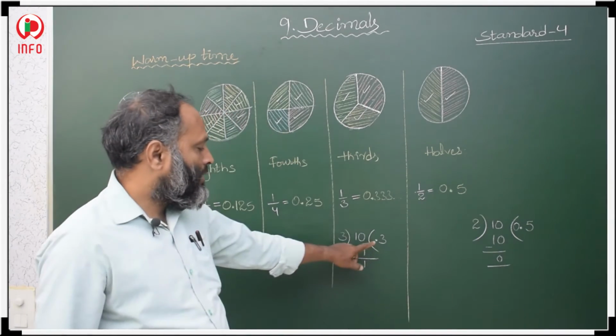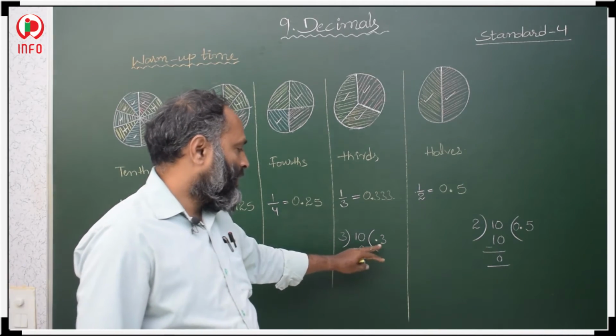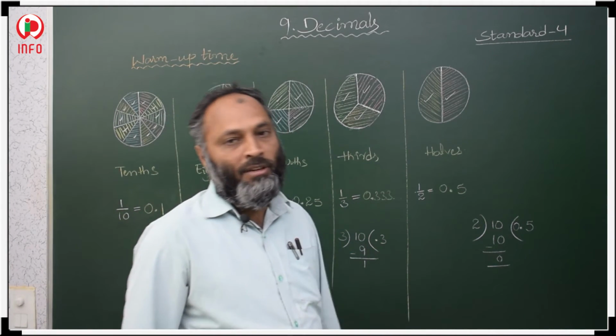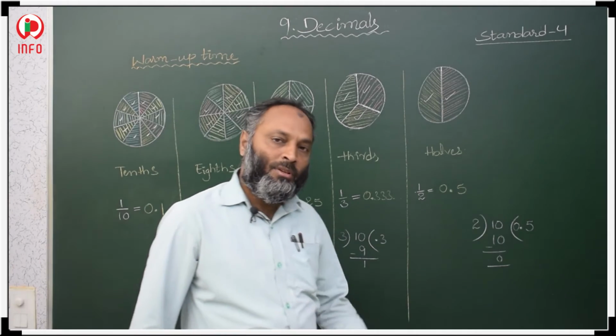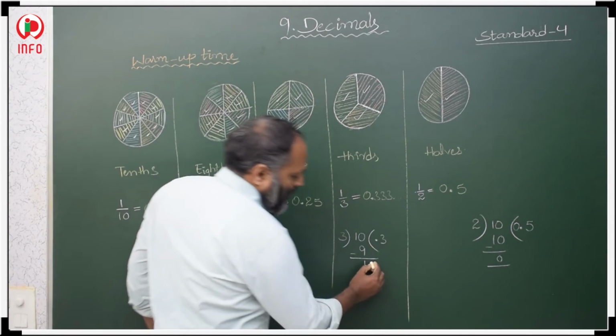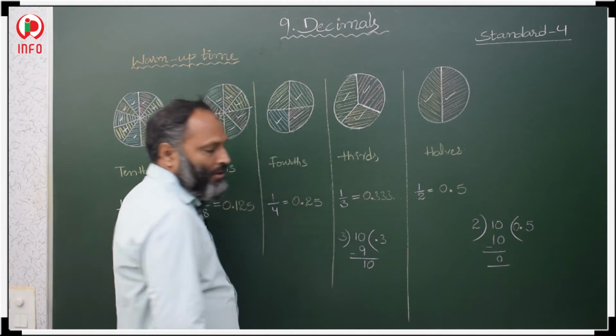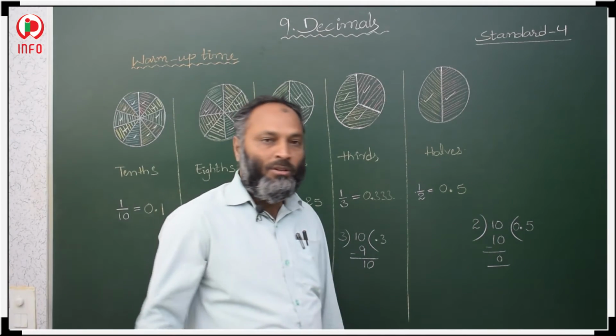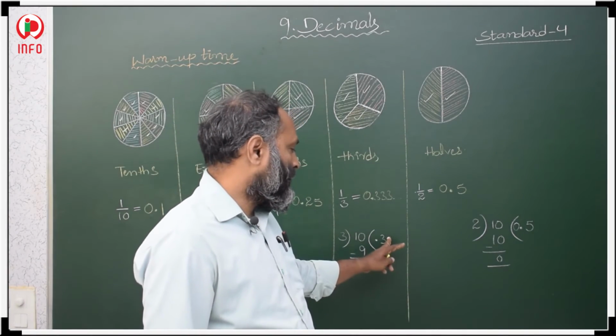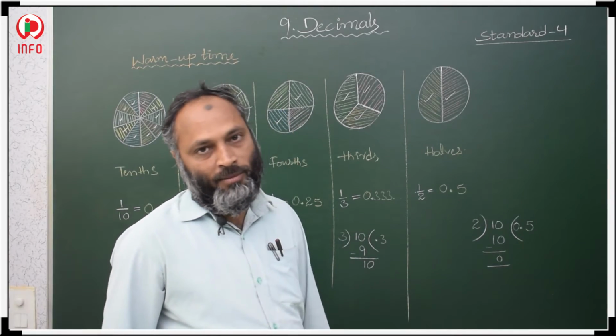And here the decimal is already there, no? So, we have permission to take a 0 in each and every step. If you need one more 0, then we keep a 0 here and take the second 0.